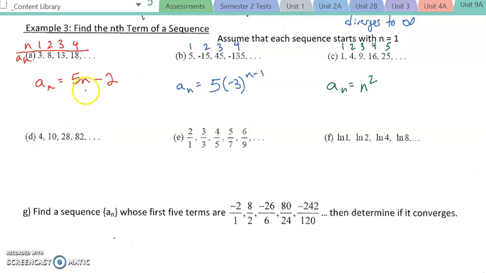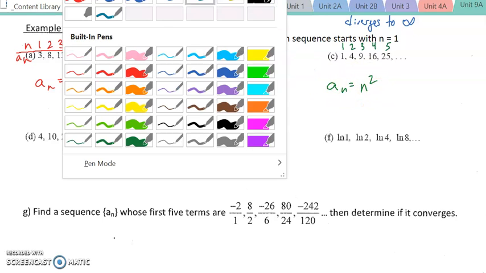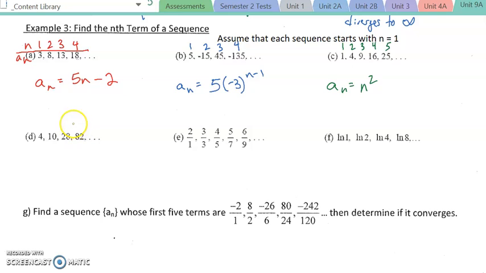But my hint to you is consider things like squares. Well, things like squares are maybe cubes, perhaps. If I look at 1 cubed, 2 cubed, 3 cubed, 4 cubed, that's going to give me 1 and 8 and 27 and 64.